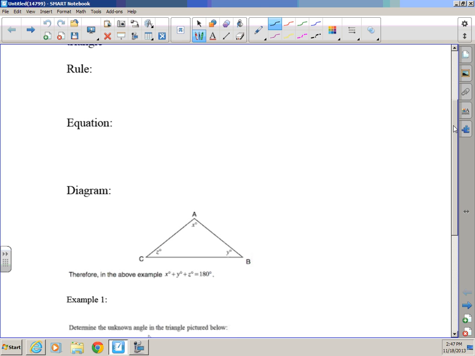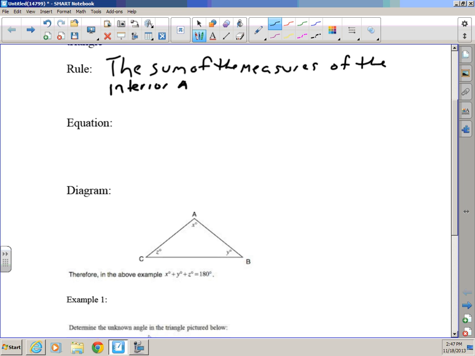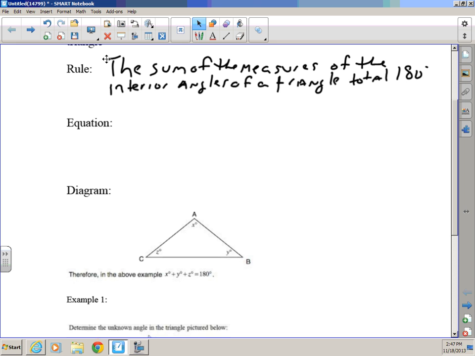The first very simple rule is that the sum of the measures of the interior angles of a triangle total 180 degrees. And as we've talked about, it doesn't matter what type of transformation it goes, especially a dilation.